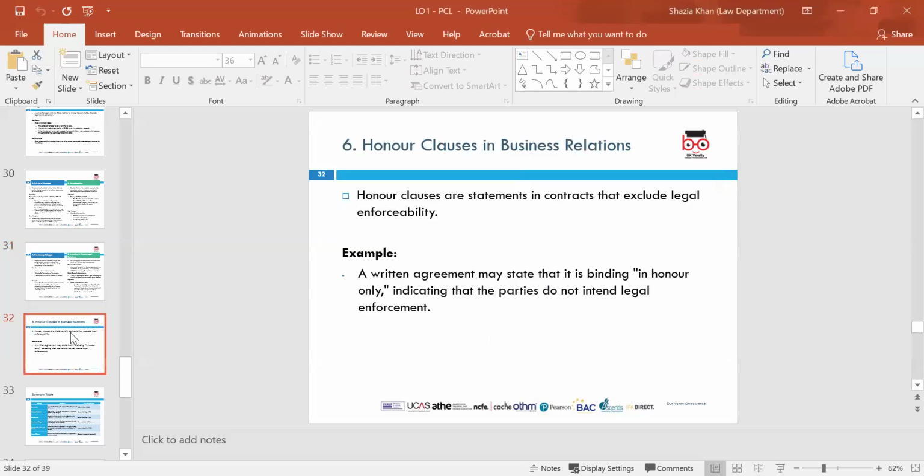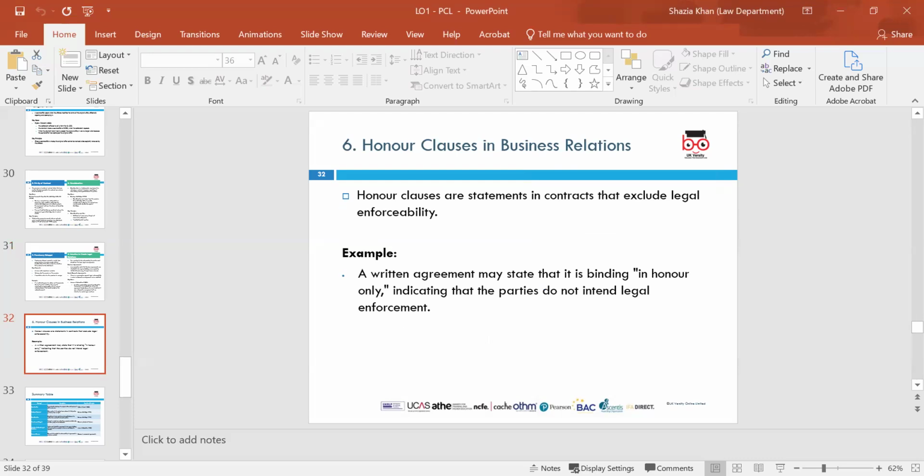The next one is honor clauses in business relations: an express statement in a contract that an agreement is intended to be binding in honor only. The courts usually allow it to take effect and enforce that.